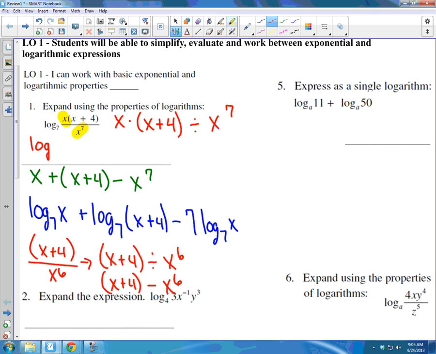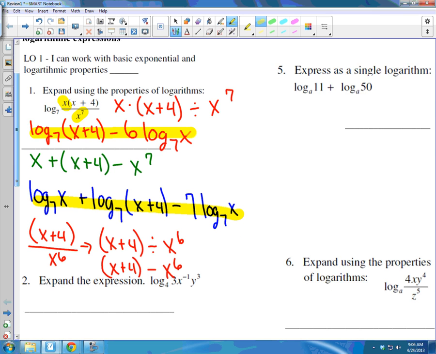Log 7 of the parentheses minus 6, because the exponent moves in front as a multiplication, log 7 of x. So either of these 2 answers will work. The one in red is technically the better one, but that's okay.